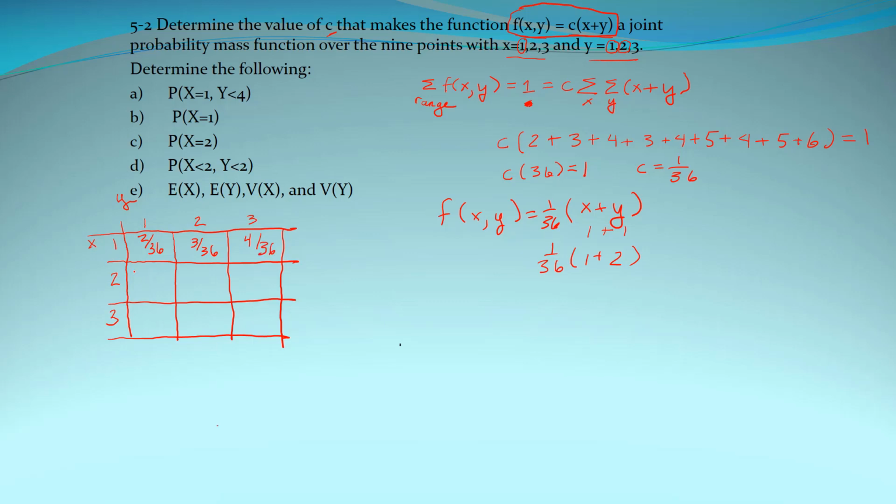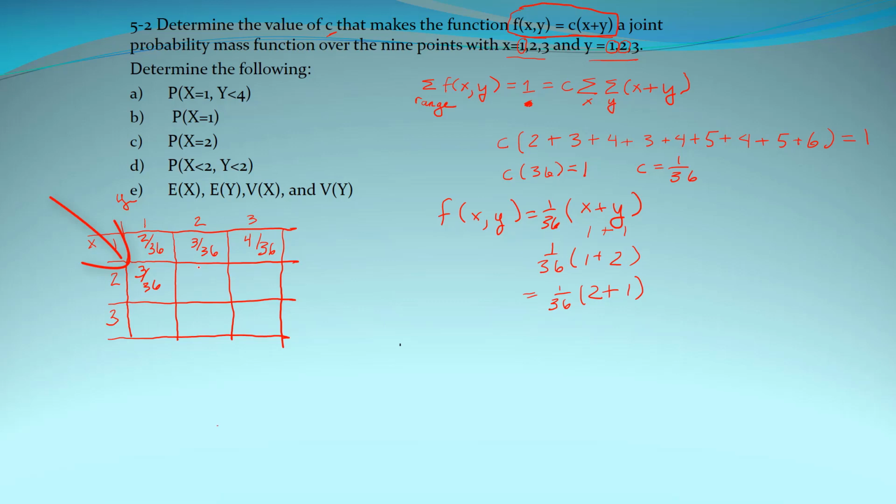I mean, this is all pretty easy. If we calculate here, okay, go over here. Here's the x. X is equal to 2, so it's going to be 1 over 36 times 2 plus 1. Oh, okay, so it's 3 over 36 here.